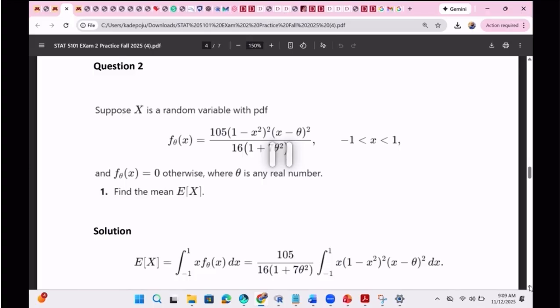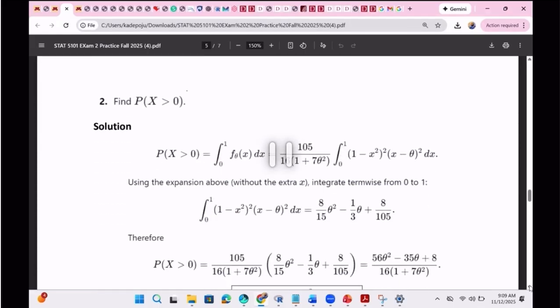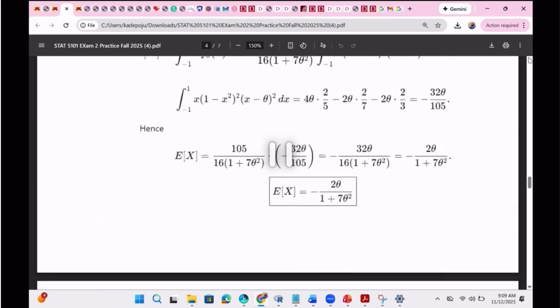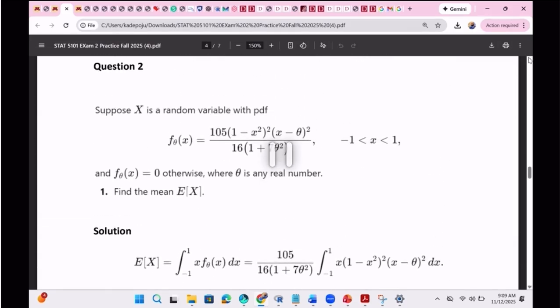They're going to ask you to find the expectation of x, and any probability question can be asked on that as well. I can assure you of that.